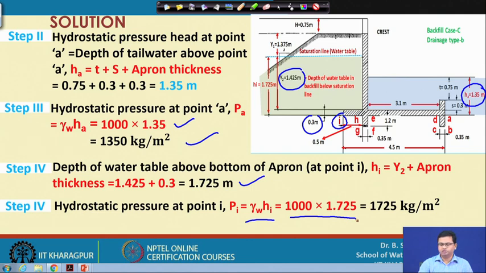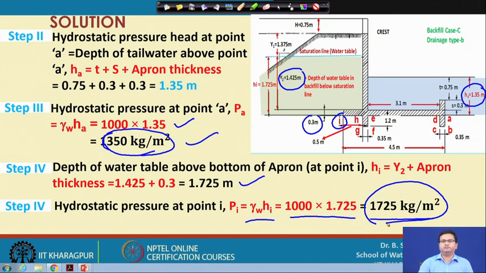So, you will get 1725 kg per meter square. So, you can see along this contact surface A, B, C, D, E, F, G, H, I, at point A we have a pressure of 1350 kg per meter square, and at point I we have a pressure of 1725 kg per meter square.